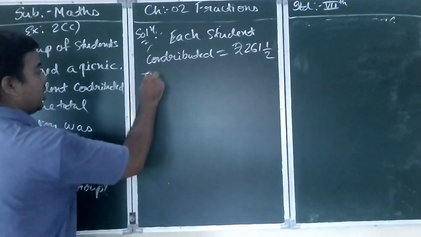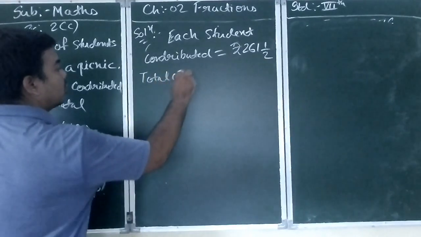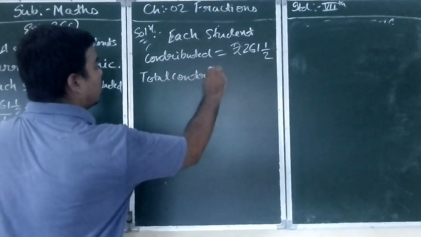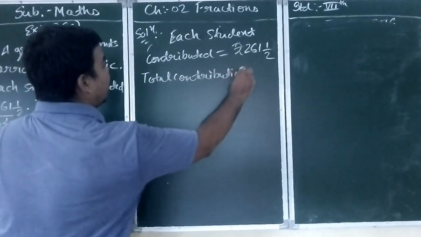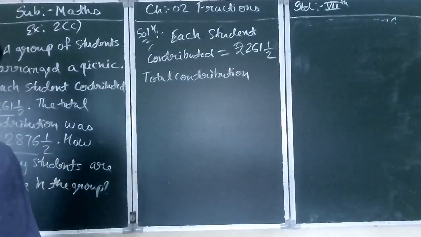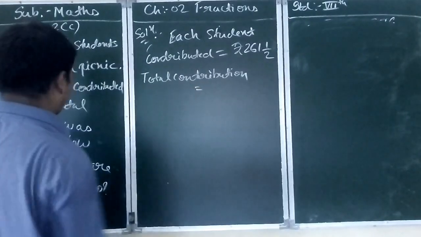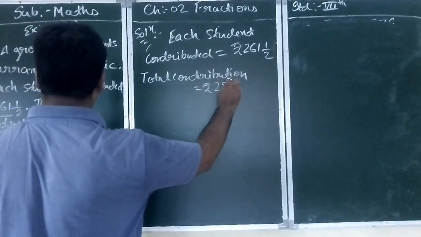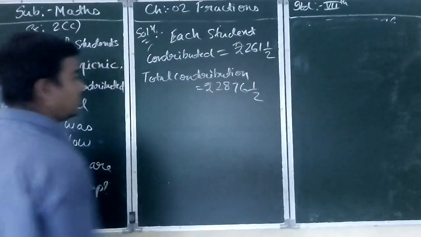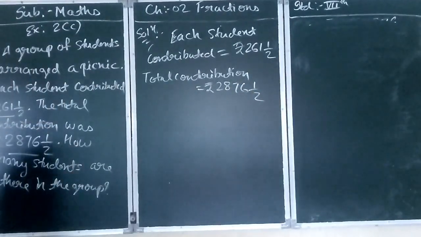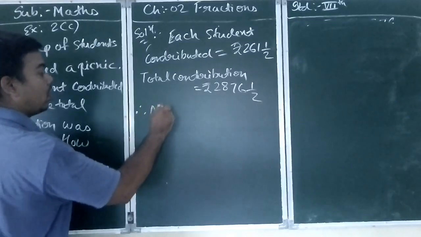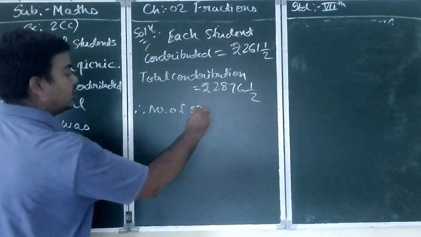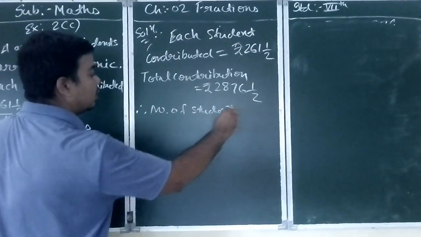So total contribution is equal to rupees 2876 1/2. Now we find the number of students in the group.